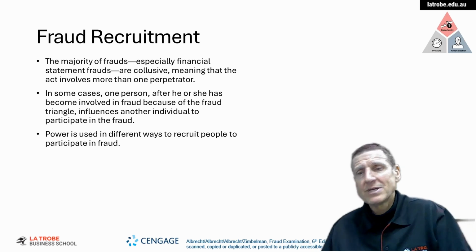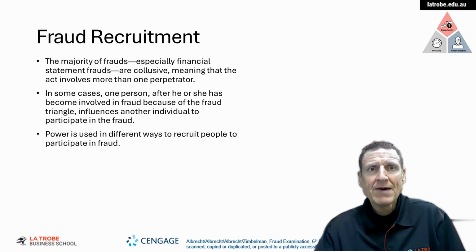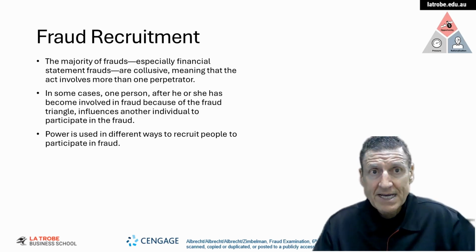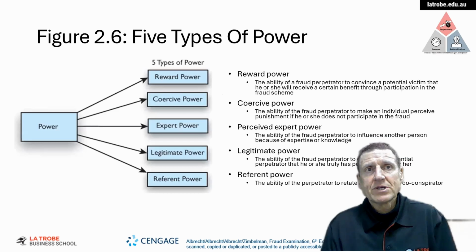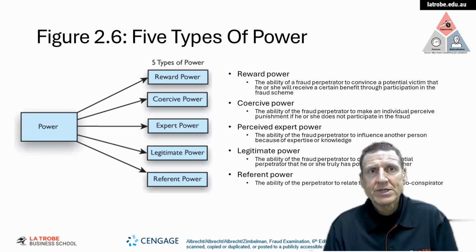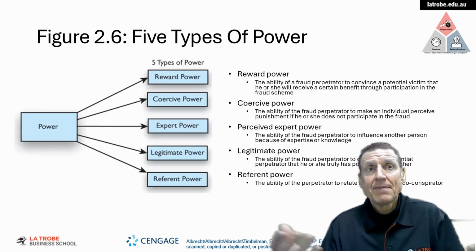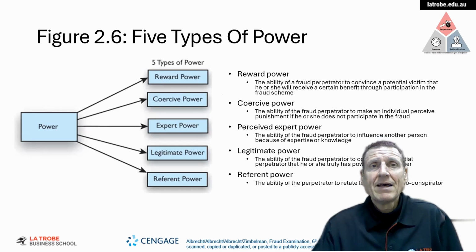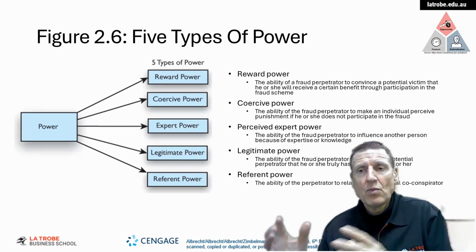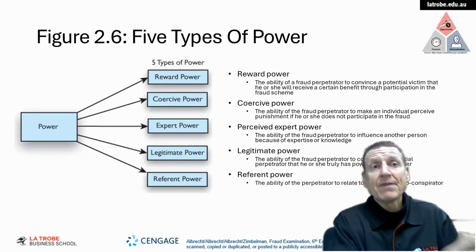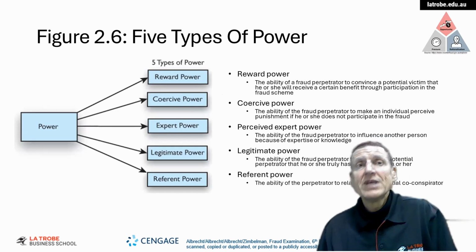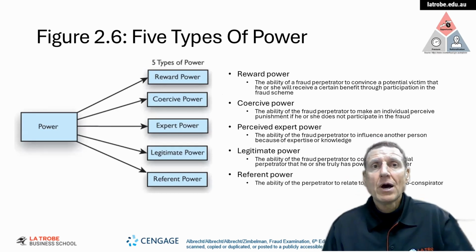Now, we won't go into too much detail this week on power, but the textbook talks about the different types of power: reward, coercive, expert, legitimate, and referent power. These are all different ways in which you may be influenced by other people to join a fraud opportunity.